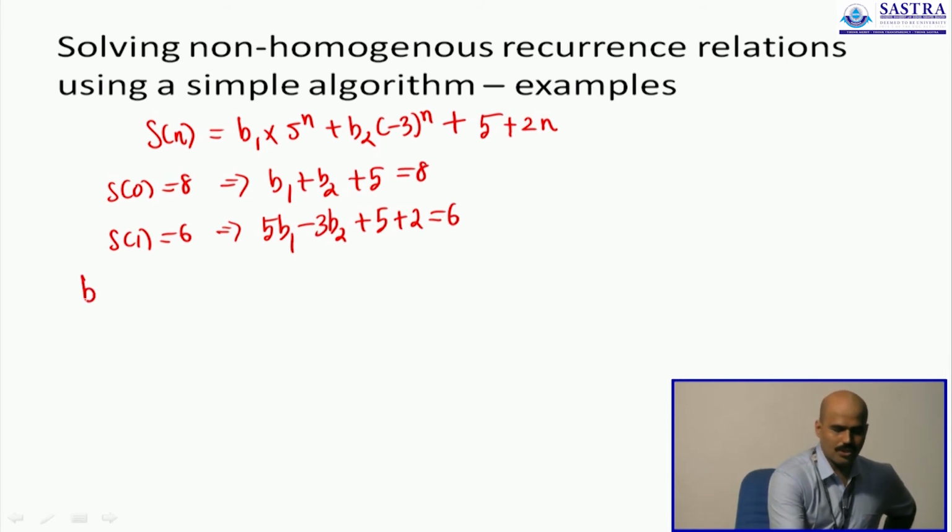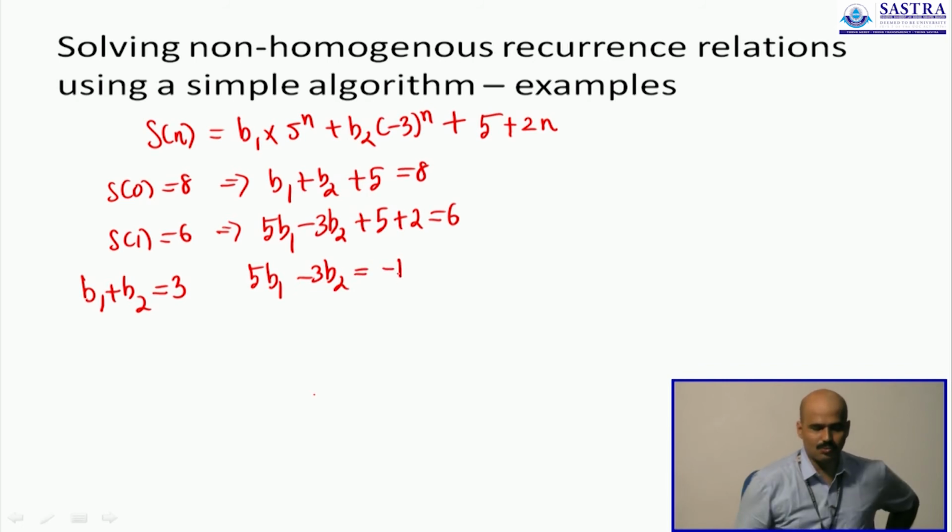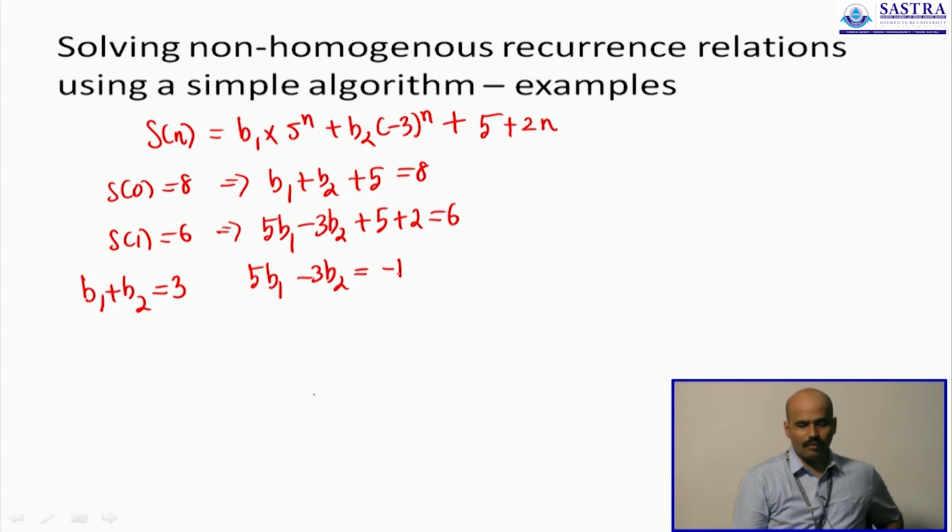So one equation is b1 plus b2 is 3, the first one. The second one, 5 b1 minus 3 b2 is 6 minus 7, which is minus 1. So solving for these two will give us the answers for b1 and b2.